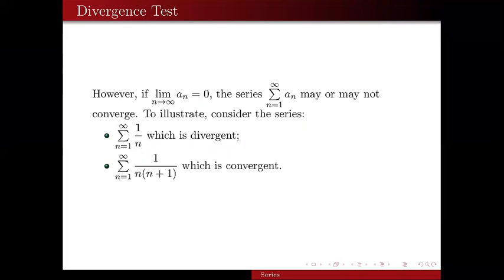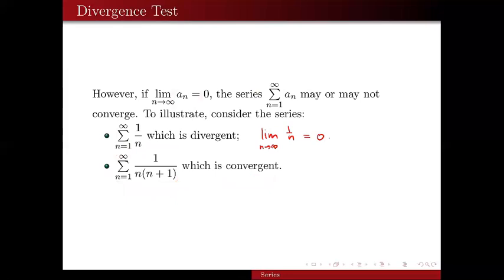But note that the limit of 1 over n as n approaches infinity is equal to 0. This here, we have shown that this is convergent. We calculated it. We actually have the sum.